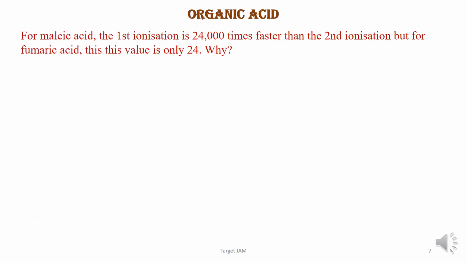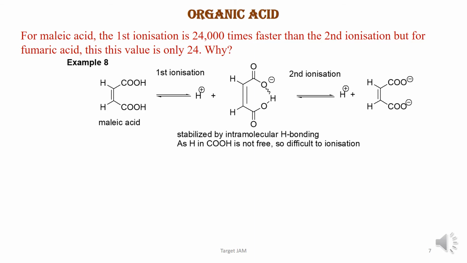For maleic acid, the first ionization is 24,000 times faster than its second ionization. But in case of fumaric acid, this value is only 24. Why? In case of maleic acid, the two COOH groups lie on the same side of the double bond.